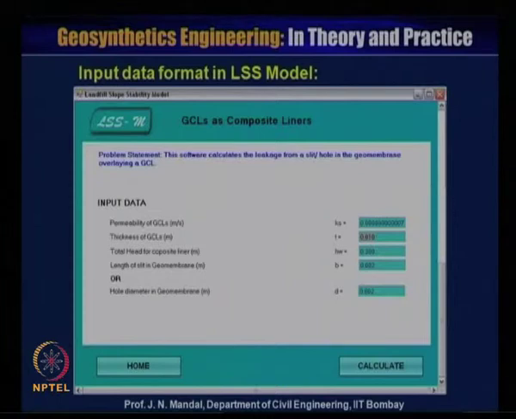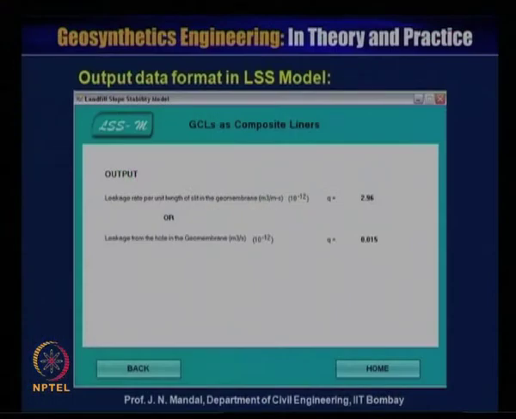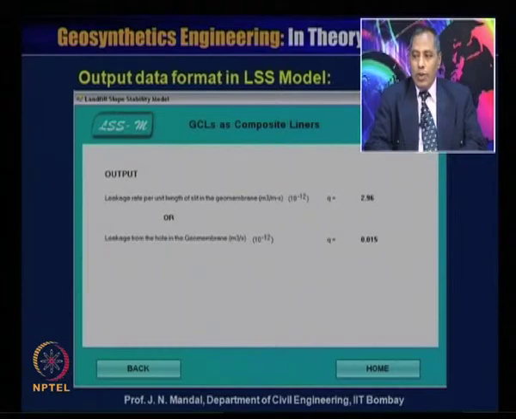If you put this input data into the LSS program, you can obtain the output: the leakage rate per unit length of slit in the geomembrane, Q equal to 2.96 meter cube per meter second, or the leakage from the hole in the geomembrane, Q equal to 0.015 into 10 to the power minus 12 meter cube per second.